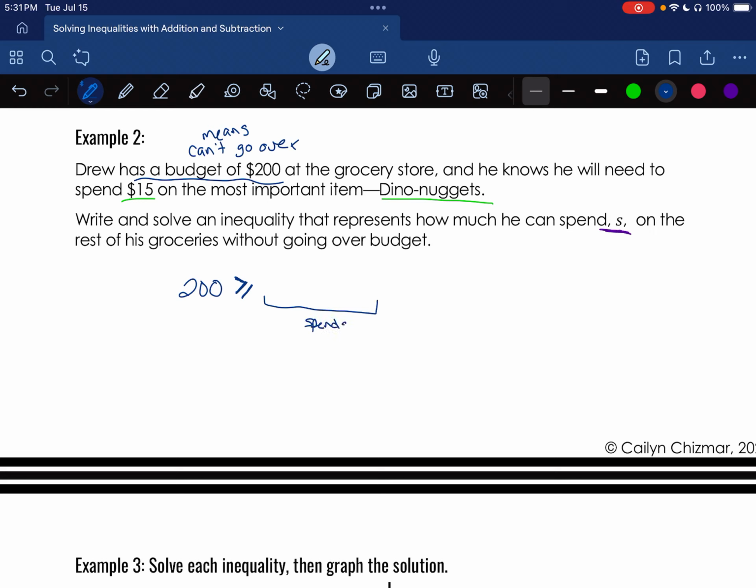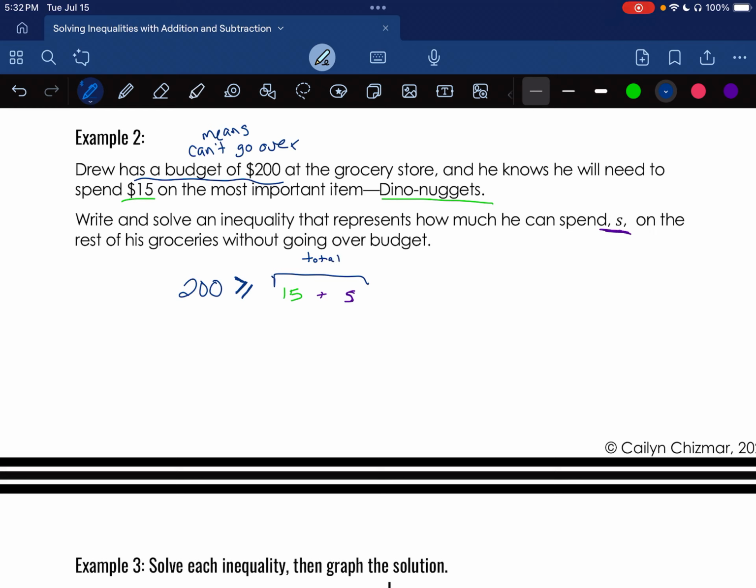Now we know his spending total is given to us by this $15 that he's going to spend on dino nuggets plus this S, which is what he's spending on the rest of his groceries. Okay? Here, maybe I should have written this up here. So this 15 plus S, that's going to be his total.